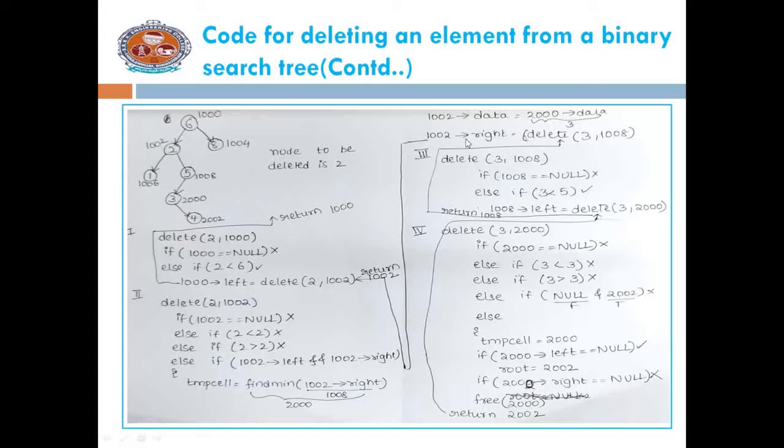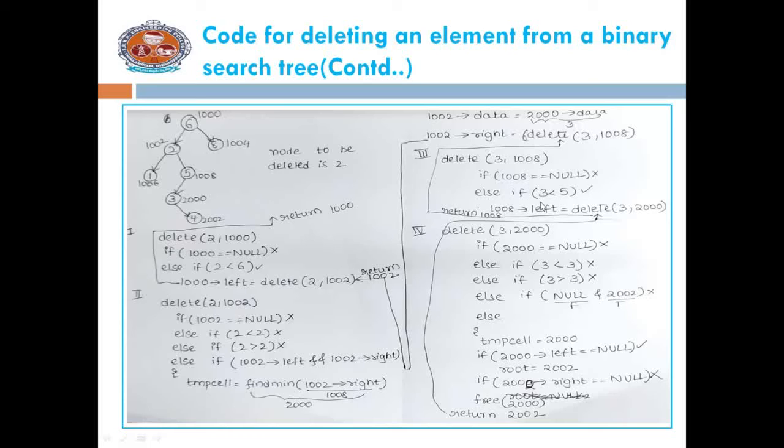So next, 1002 of right equals delete 3 comma 1008. That means you have to delete 3 in 1002 of right, that is nothing but 1008. Now the delete function is called: delete 3 comma 1008. Now our root value is 1008, which is not equal to null.